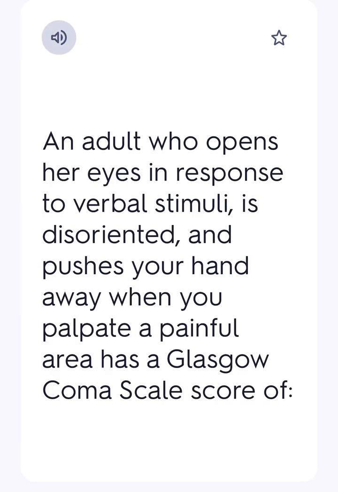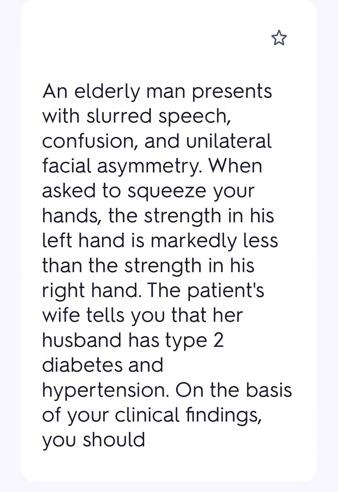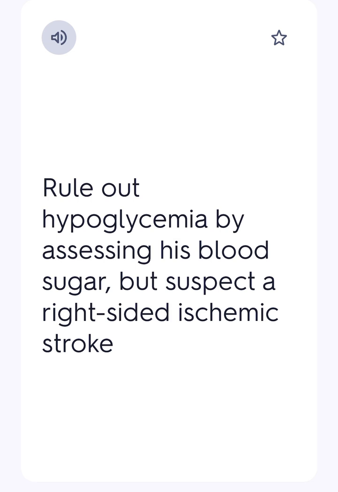An adult who opens her eyes in response to verbal stimuli, is disoriented, and pushes her hand away when you palpate a painful area has a Glasgow Coma Scale score of 12. Rule out hypoglycemia by assessing his blood sugar, but suspect a right-sided ischemic stroke.